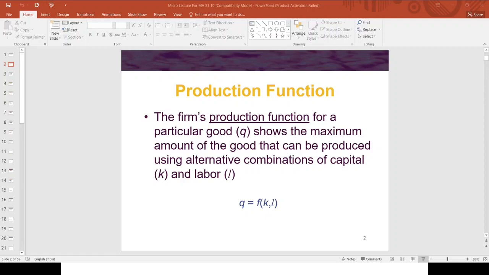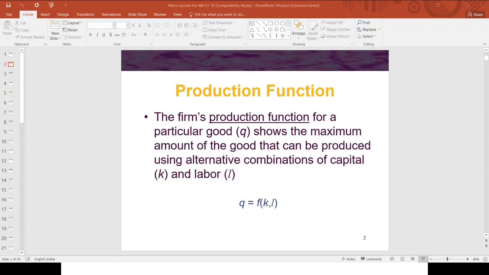Now, in the case of a linear production function, suppose that the production function is Q = f(K, L) = aK + bL. This production function exhibits constant returns to scale. So f(tK, tL) = atK + btL = t(aK + bL) = tf(K, L). Also isoquants are straight lines, so RTS is also constant.